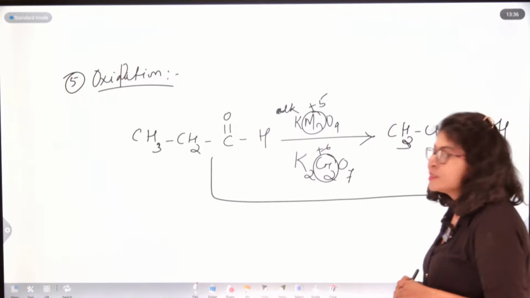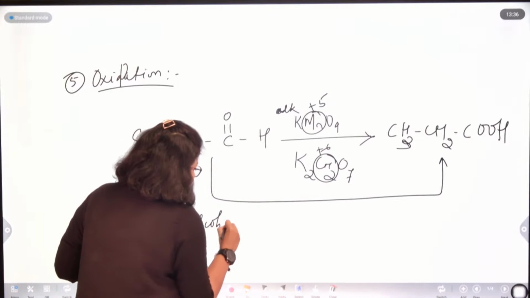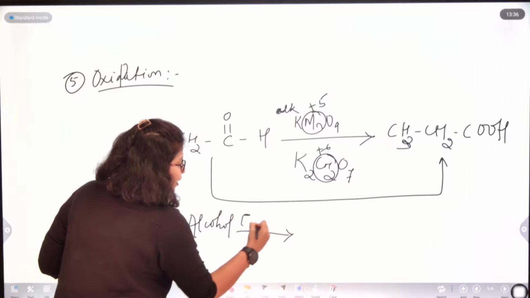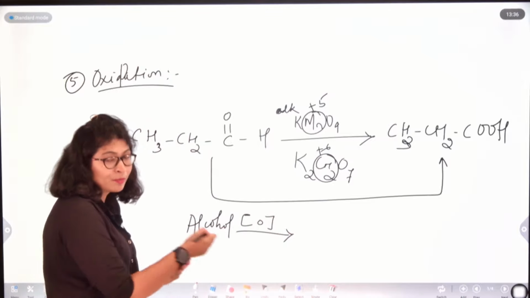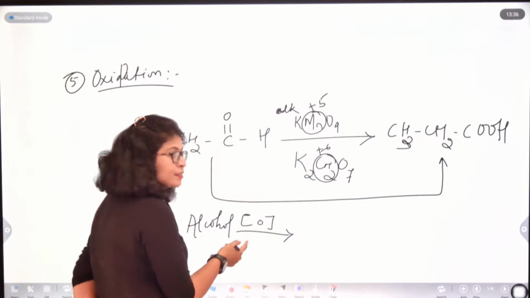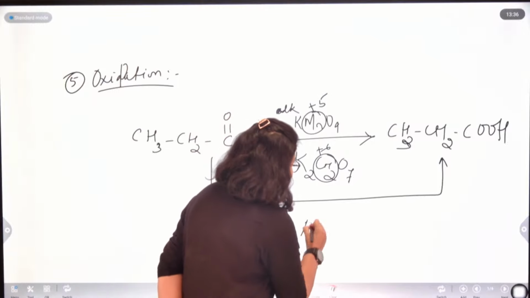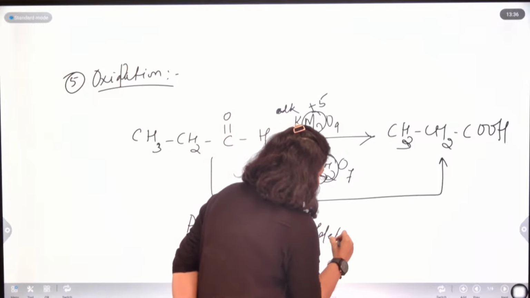Always remember, if you have an alcohol and you try to oxidize it, I'm simply writing nascent oxygen to show oxidation. If I'm adding nascent oxygen to alcohol, it will be converted to the next higher functional group, which is aldehyde or ketone.